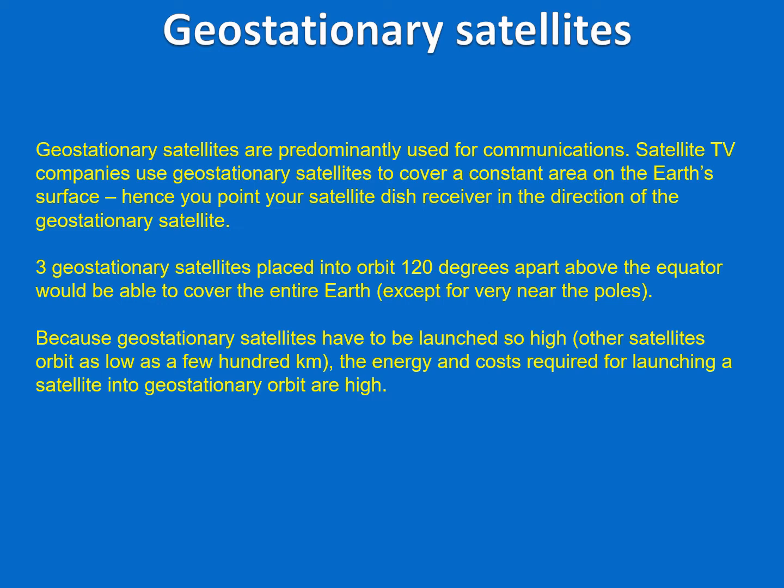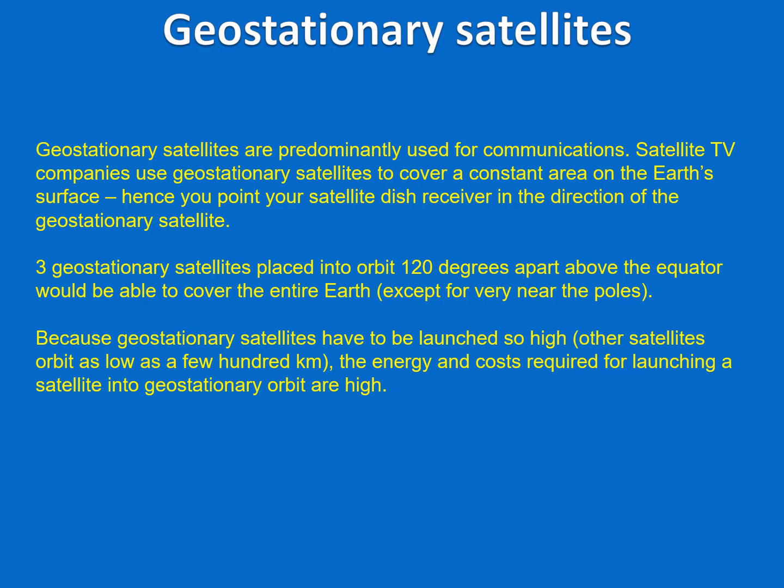The other thing with that is, because we have to put them so high, and we're going to calculate the height of a geostationary satellite, there is a high energy cost. If you think about what we talked about in the previous lessons on gravitational potential, the work done per unit mass to move an object from one potential to another, moving from infinity to a point was our definition.